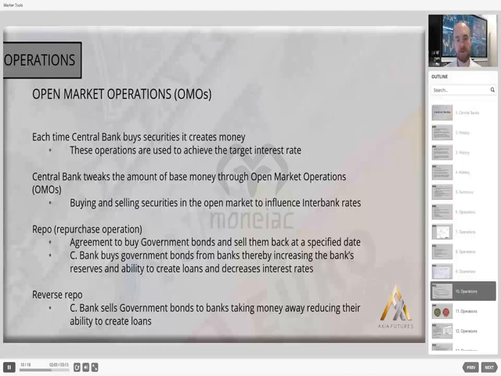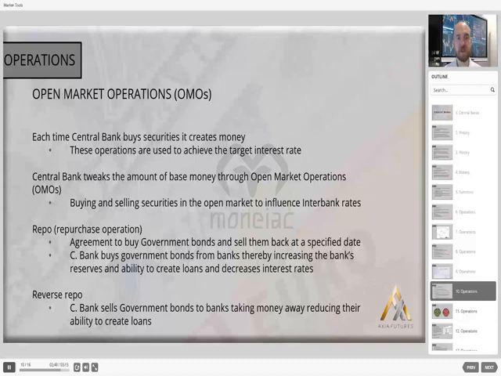Finally, you have a marginal lending rate, or in America this is known as a discount rate. Now, essentially, this is the rate you would have on lender of last resort money. So any emergency overnight loans, if all of a sudden a bank needs an overnight loan to fix liquidity, they will be given that loan in exchange for collateral at the marginal lending rate.